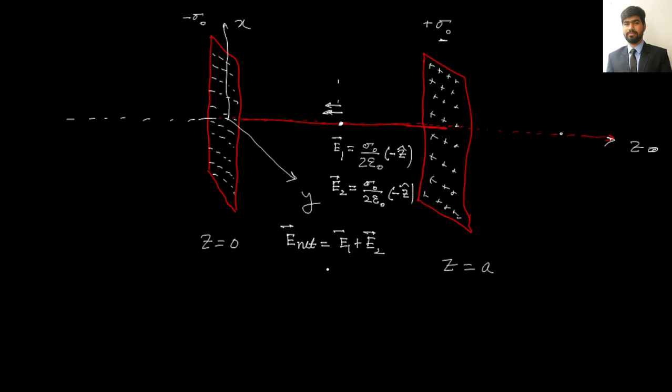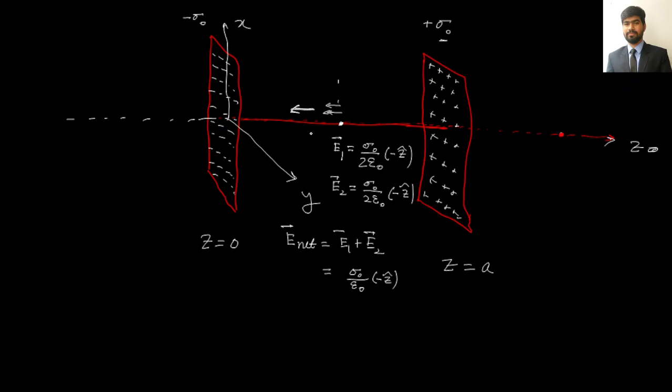Both fields are in the same direction, so we get sigma naught divided by epsilon naught, in the minus z cap direction. So the net electric field will be along this direction, sigma by epsilon naught. Similarly, we can also calculate the electric field at this point.